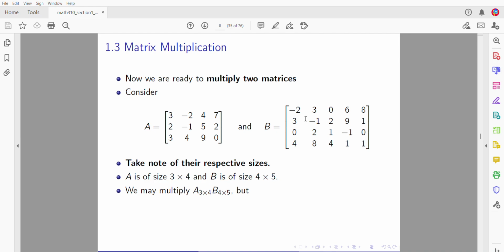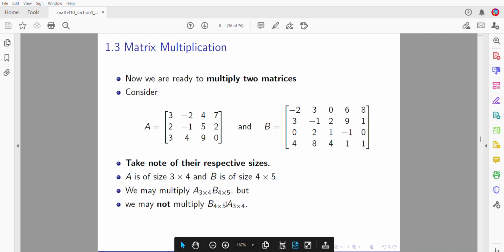We may then multiply. But if the number of columns of the first matrix does not agree with the number of rows of the second matrix, then we may not multiply. So make sure columns of the first, rows of the second match.